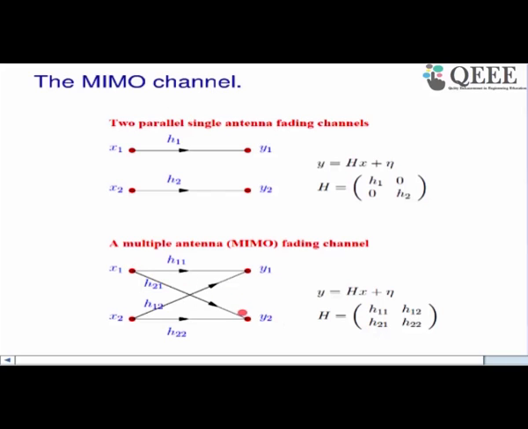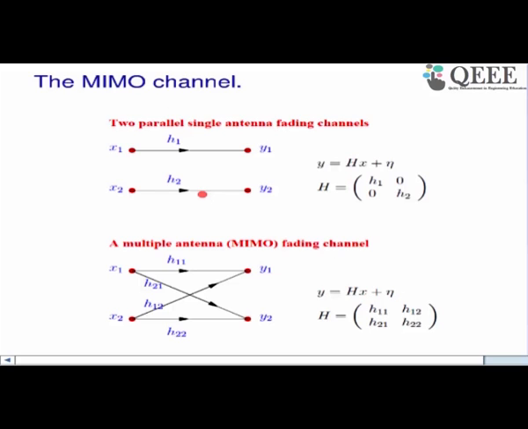So you see this H21 is the channel coefficient from antenna 1 to receiver 2. Similarly H12 is from transmit antenna 2 to receive antenna 1. H22 is the channel coefficient from the second transmit antenna to the second receive antenna. Okay, so this is a flat slow fading MIMO channel modeled by Y = Hx + eta.